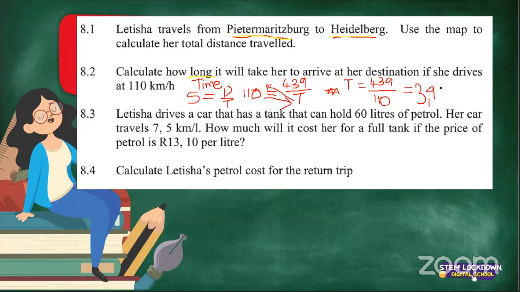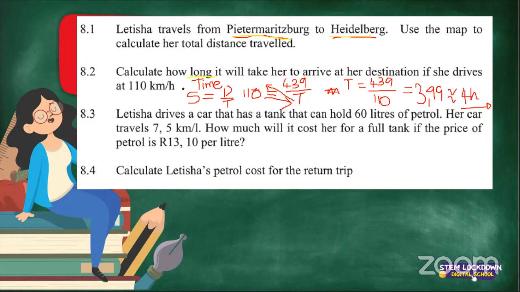This is roughly about 4 hours. It will take you 4 hours. The time is, in this case, distance divided by speed. There's your distance, there's your speed. You get 3.99, which is roughly 4 hours. So the time it took to travel that distance will be 4 hours.